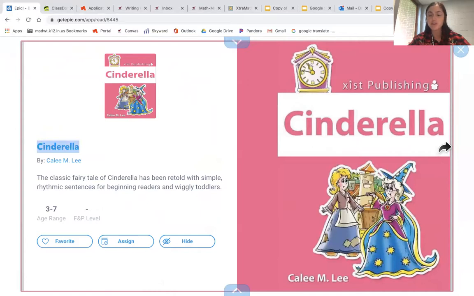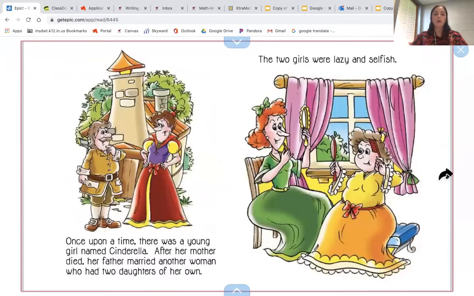Now remember, when I'm reading it, think of some of the elements or some of the details that really shout out to you that like, oh, this is a fairy tale. Definitely. Once upon a time, that's always a good way to start a fairy tale. There was a young girl named Cinderella. After her mother died, her father married another woman who had two daughters of her own.